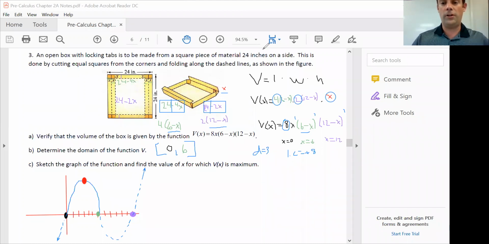I know we already saw the video on that, but you're going to hit the y equals button, and under y sub 1, go ahead and type in that function there. And then you're going to type the word graph, all right?